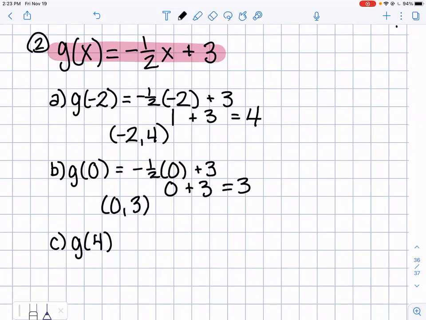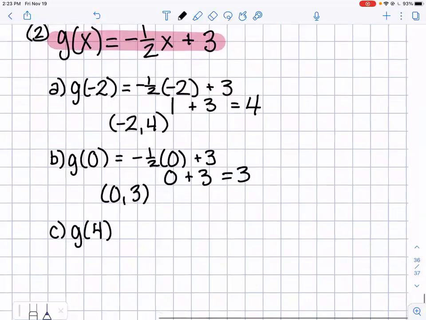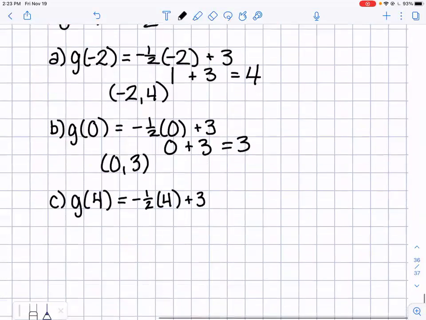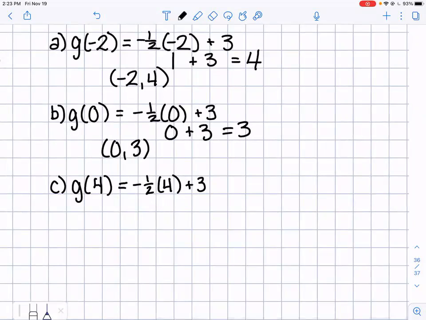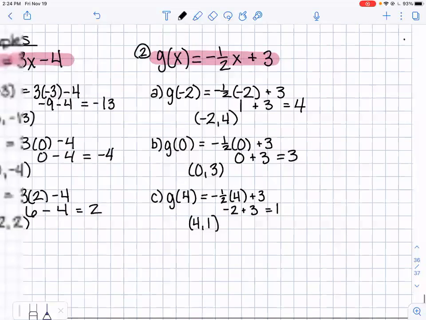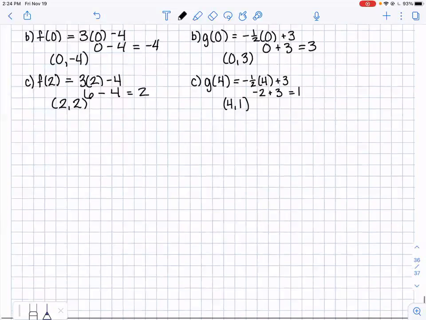Does everybody understand how she did it? 0 times half is 0, plus 3 is 3. Second one. Set it up, please. Negative 1/2 times 4. There's a negative up there. Negative 1/2 times 4 plus 3. What's negative 1/2 times 4? Plus 3. 1. So my point is 4, 1. Oh, actually, I got both those right. We're understanding things.